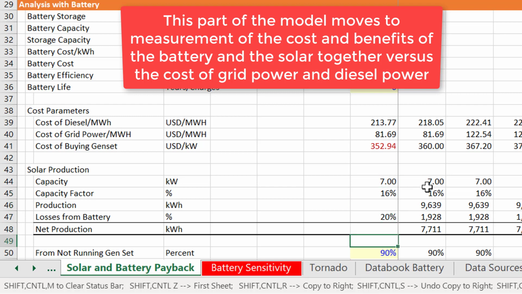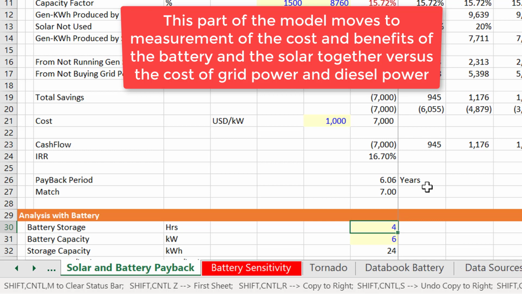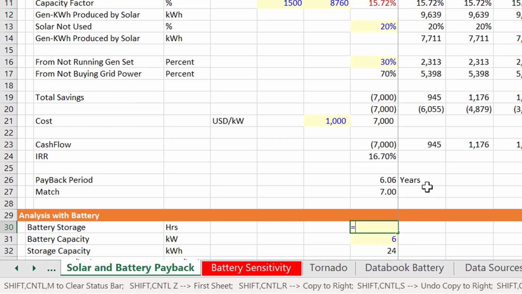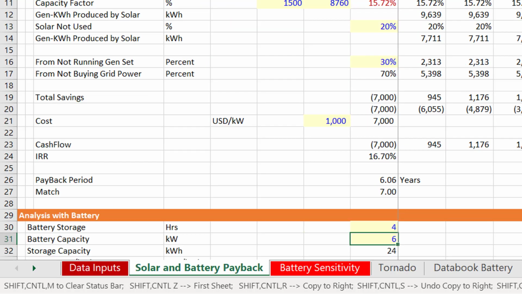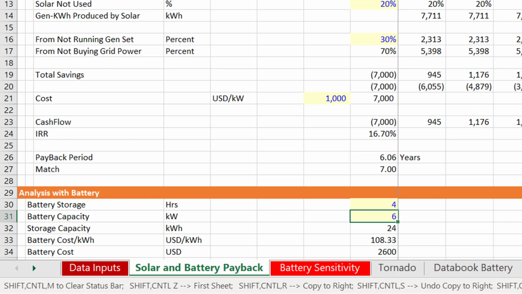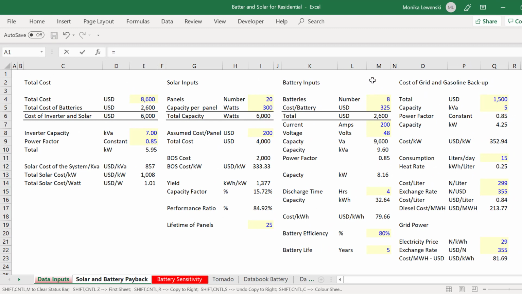Now, these are some of the parameters I've already discussed. I think we should perhaps put the discharge time here, and then the capacity of the battery we can also put here.